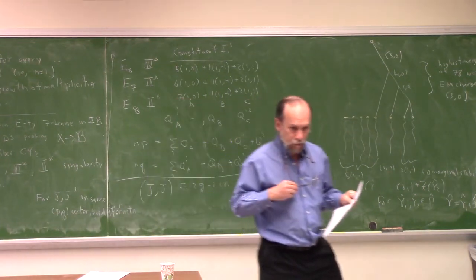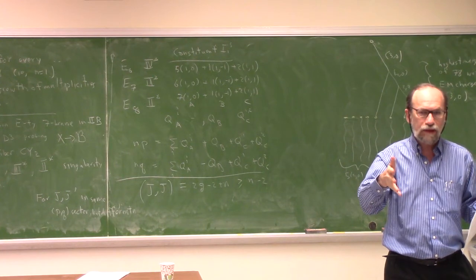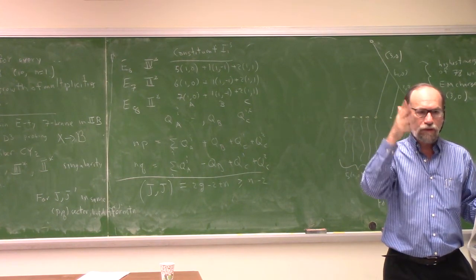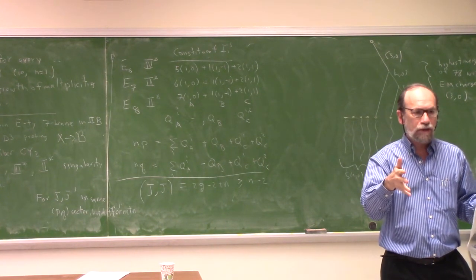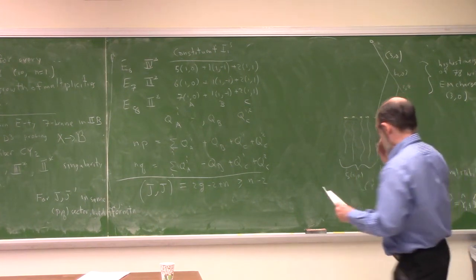Now J and J prime, those corresponding curves are supposed to be holomorphic in the same complex structure. If I have two curves that are holomorphic in the same complex structure, then their mutual intersection number should be non-negative.